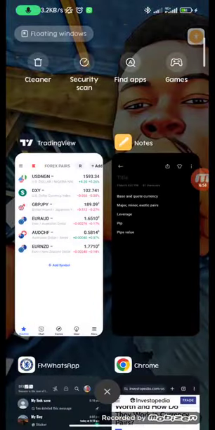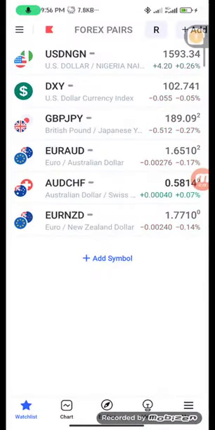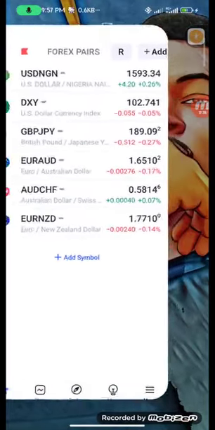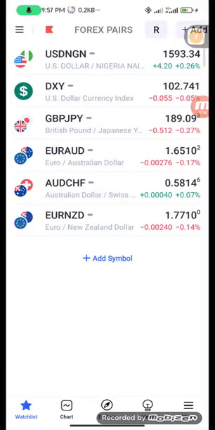Okay, so now let's talk about leverage. There is something we call 1:100, 1:200, 1:500, 1:1000, 1:2000. These are leverage. What we mean by leverage is this: the forex market, the currency pairs, their movement, whether appreciating or depreciating, is very small.